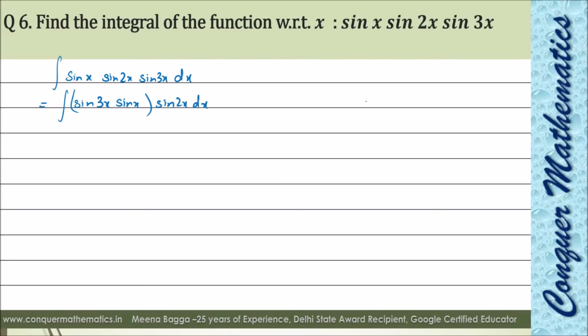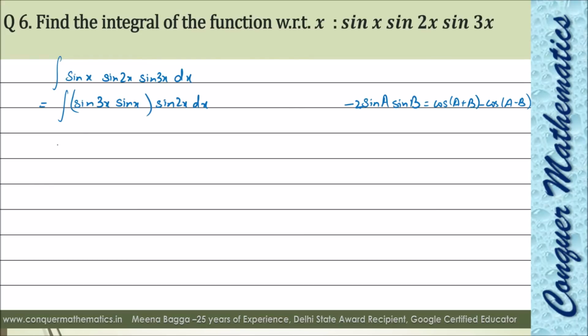Sin 3x, sin x, that means sin A sin B. Right? If you remember, this would be cos A plus B minus cos A minus B. But minus 2 is here.